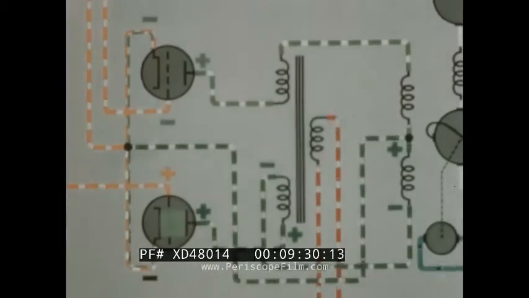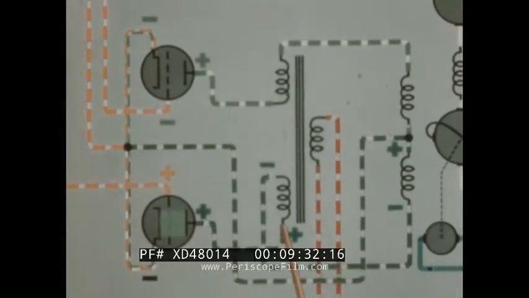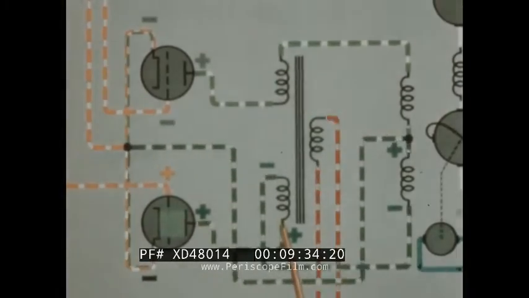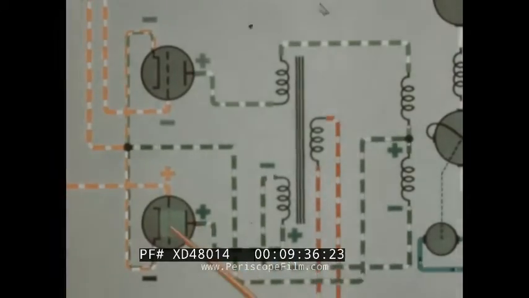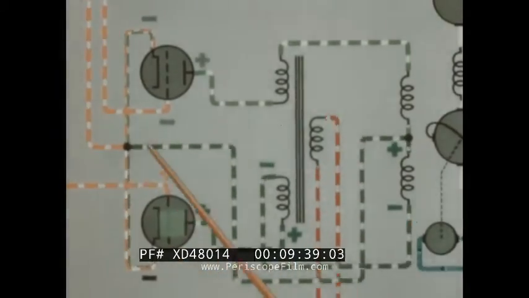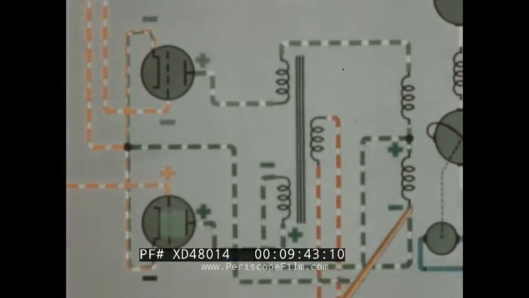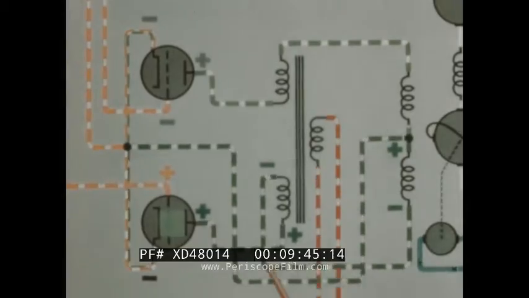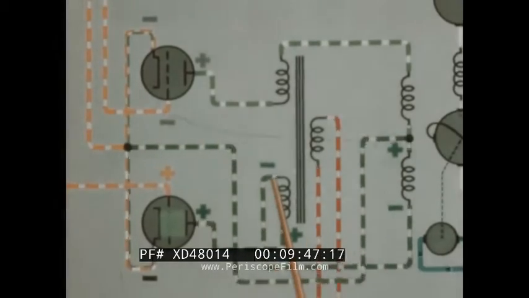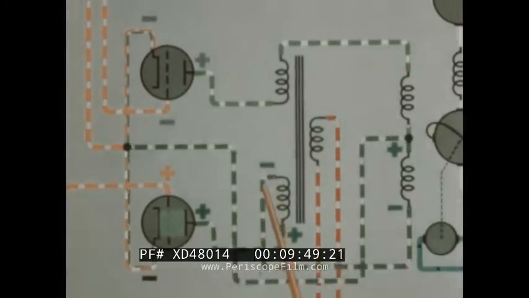The grid of the lower tube is positive, and with the plate positive, this tube acts, in effect, like a closed switch. Now, current can flow from the positive end of the transformer secondary winding through the tube, the lower field coil of the amplidyne generator, and back to the negative end of the transformer winding.